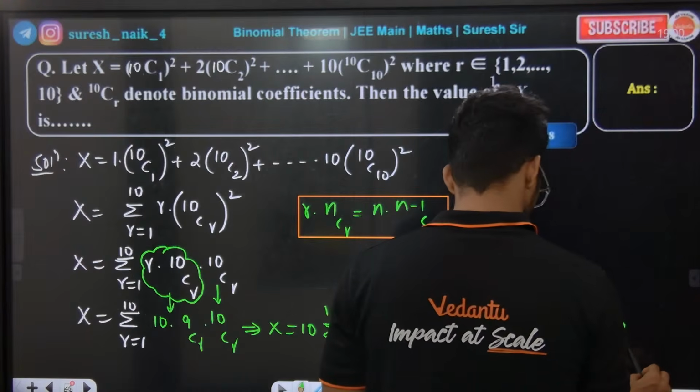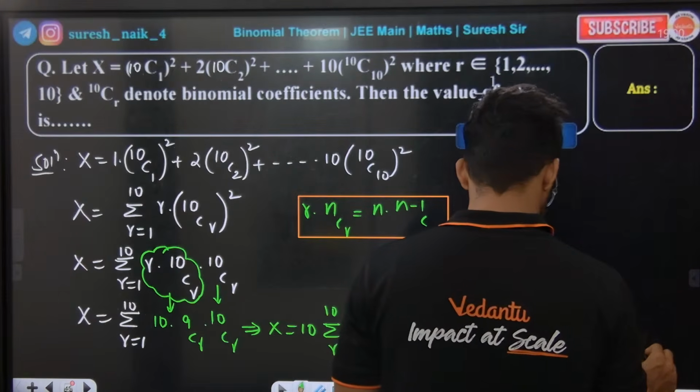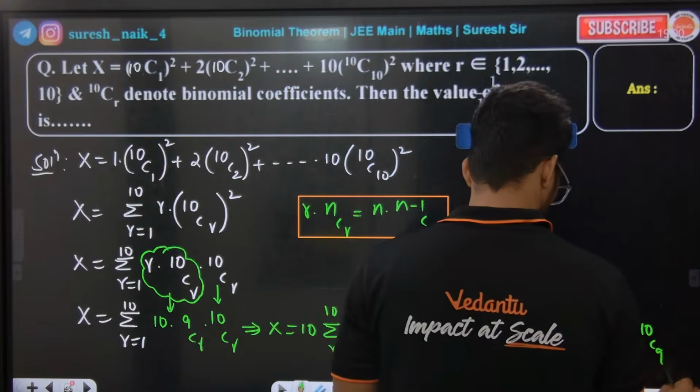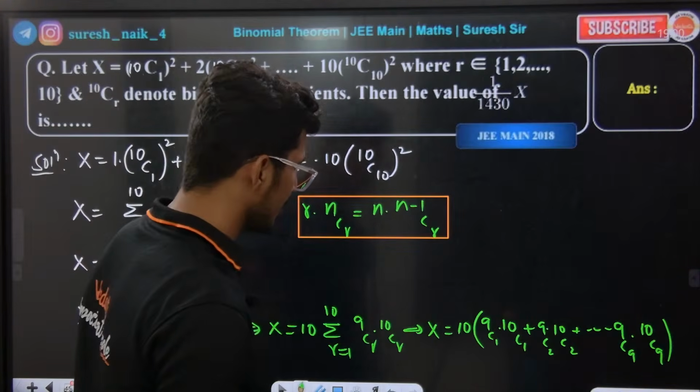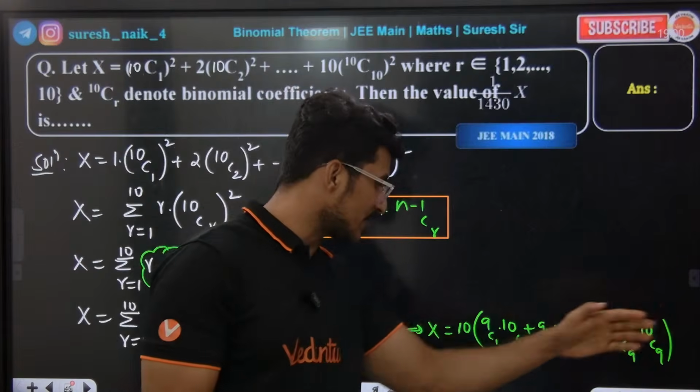The last term is 9C9 10C10. Okay? But the sum of upper suffixes is 19. The sum of lower suffixes is what?